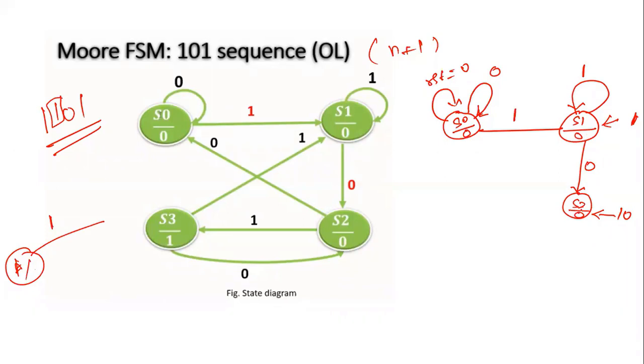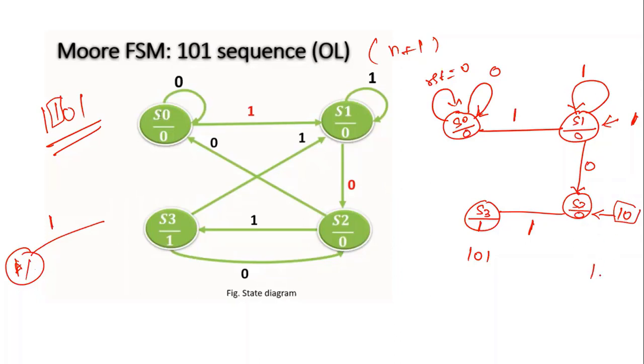Got my point? Now, okay. So coming here, now in the S2 state, it has already received 1 0. Now you need to answer for what if 1 comes, what if 0 comes. If 1 comes, 1 as an input, then it goes to the S3 state, which means here it has received 101, which is the required pattern. So it needs to give your output. What if 0 comes?